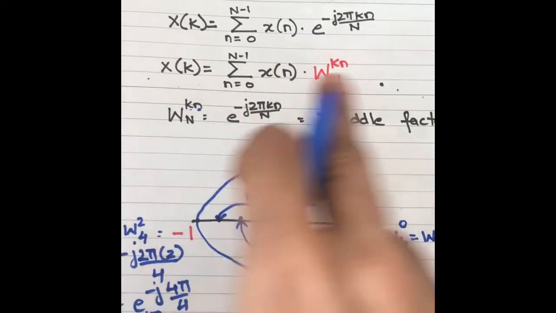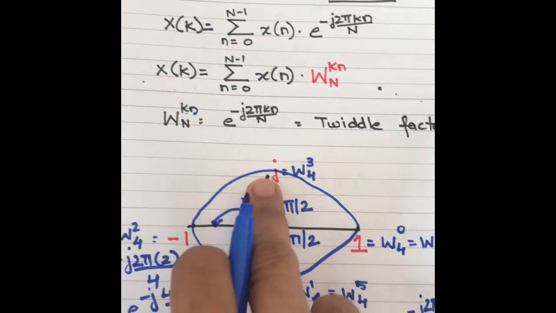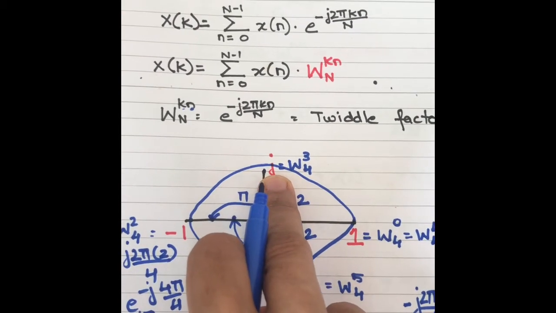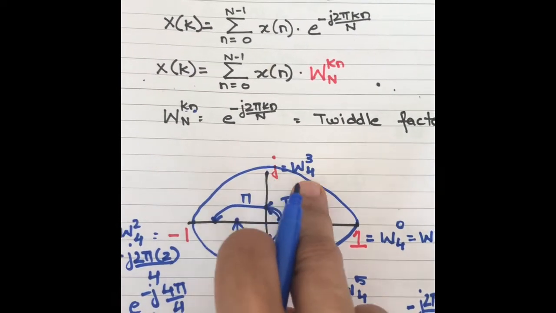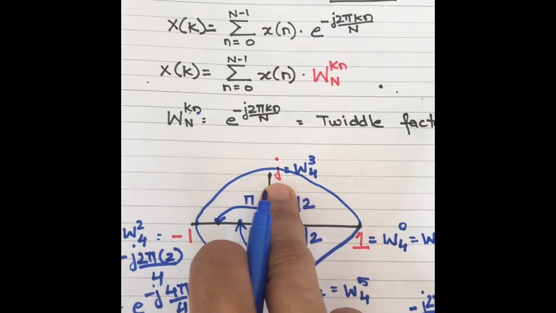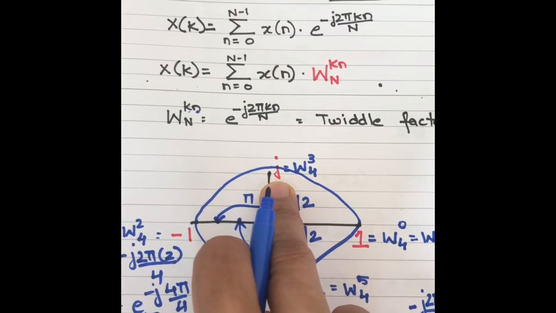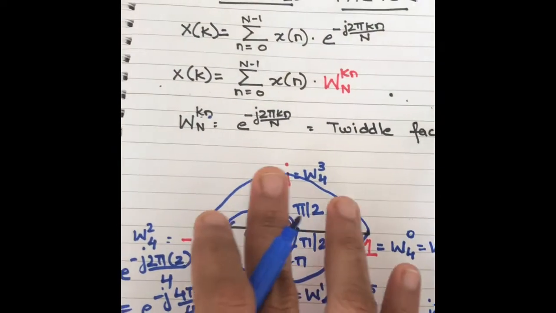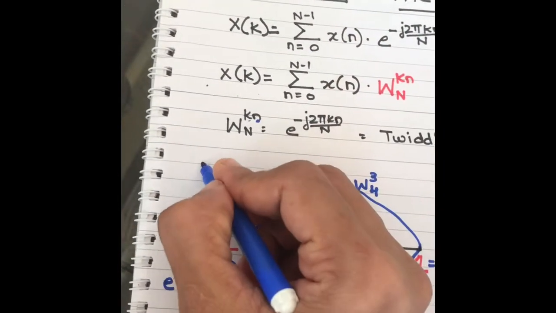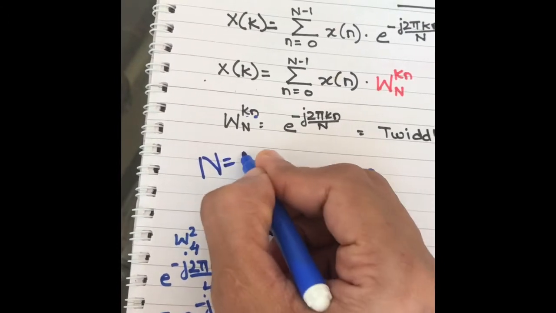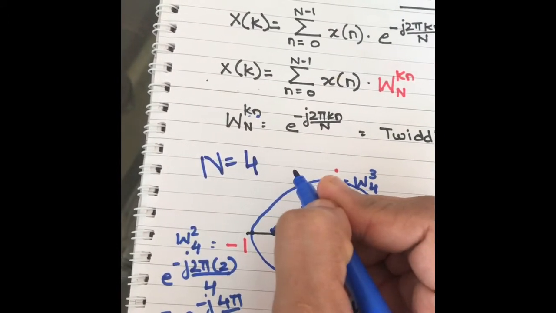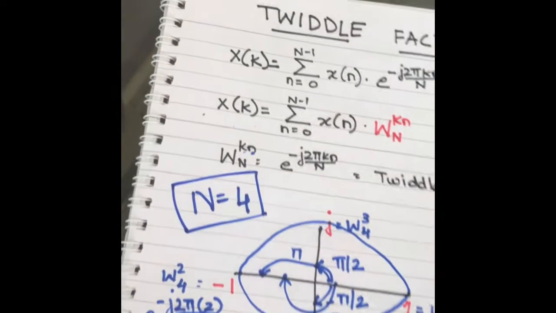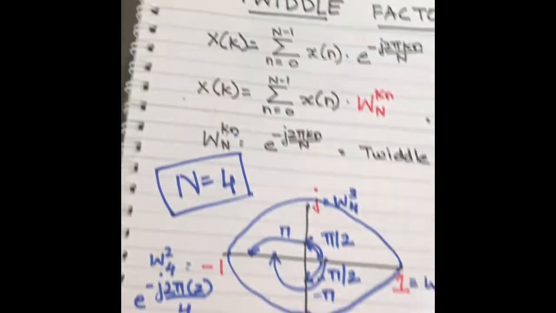Minus 3 pi by 2, the angle is this, and the value of it is plus j. So W_4^3 is equal to plus j. So here I have evaluated twiddle factors when we divide the entire range of 0 to 2 pi into 4 parts, that is for N equal to 4, or when we are taking a 4 point DFT.